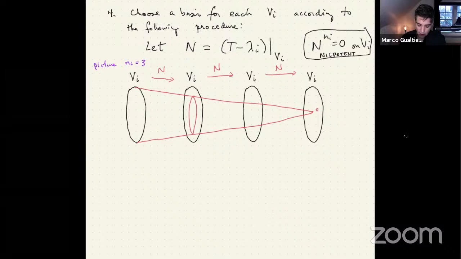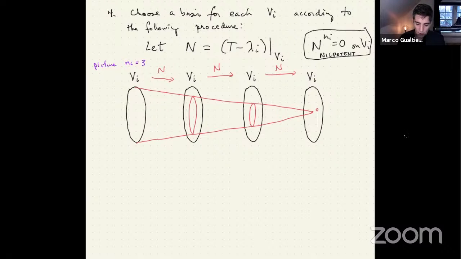And after the second step, it's mapped to a certain smaller subspace of VI. And then on the third step, it's mapped to the 0 subspace. So I'm just trying to draw a picture of what you get when you apply n several times.